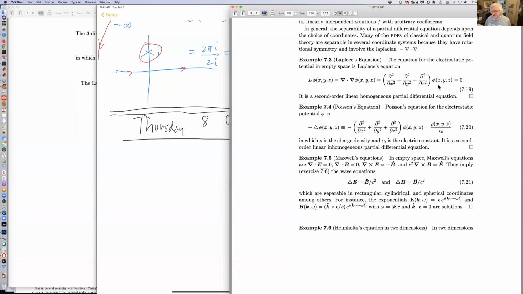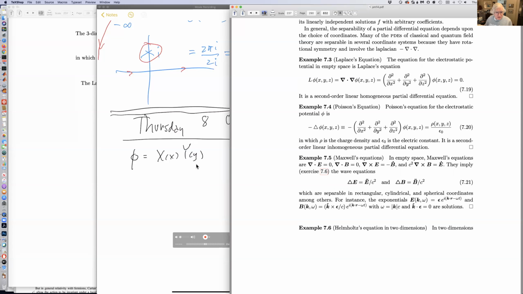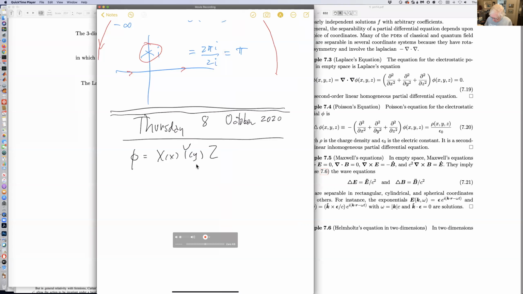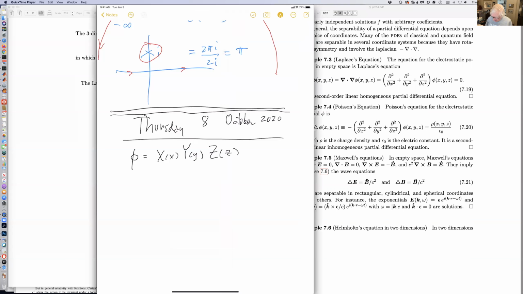What you can do then is write phi as a function of x times a function of y times a function of z, and then this thing separates. Maybe I should in fact do that since that was the first example there. So let's let phi equal X(x) Y(y) Z(z).